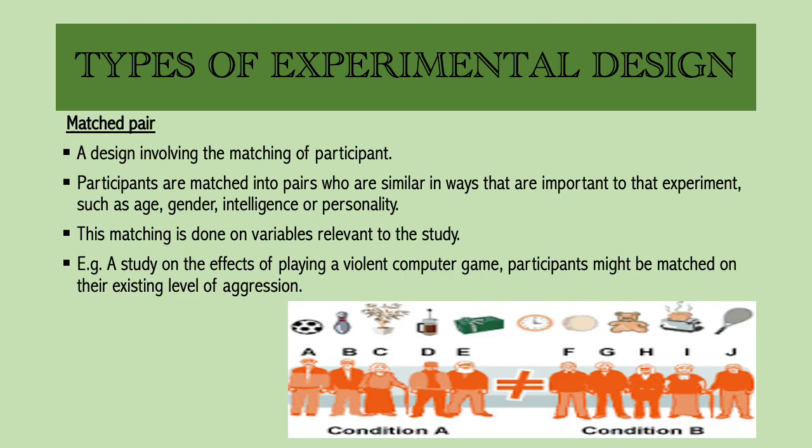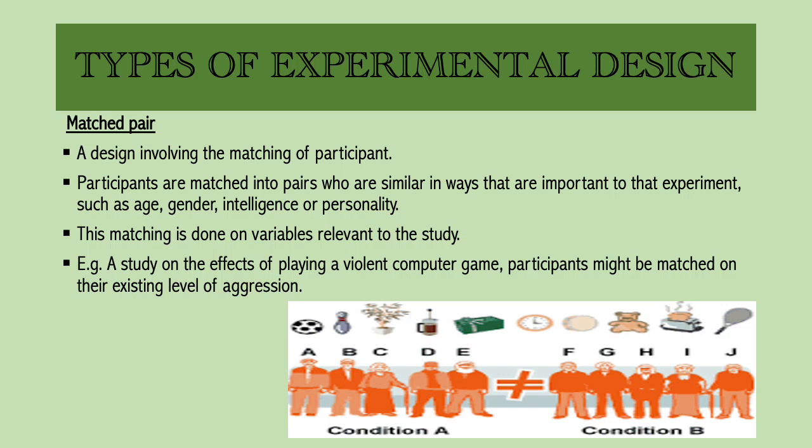Okay, so now to the third type of experimental design. It is called matched pair because you are dealing with matching of the participants. So if you see the second bullet point there, participants are matched into pairs who are similar in ways that are important to that experiment, such as age, gender, intelligence, or personality. So meaning that participants are grouped into the conditions based on things that are similar.